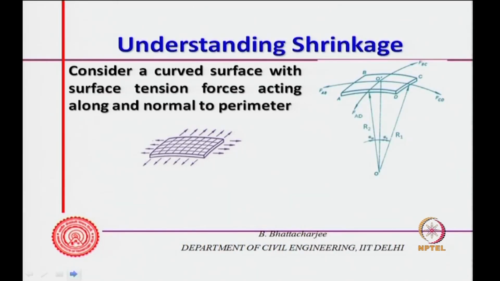So, if I exaggerate this and draw it in this manner, these are the forces acting along this direction on an elemental surface: F_AD, F_CD, F_BC and F_AB. These are the forces that would be acting. Now, if you look at these forces, the resultant force will be acting inward.